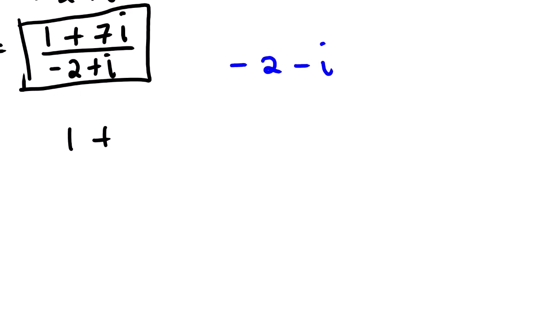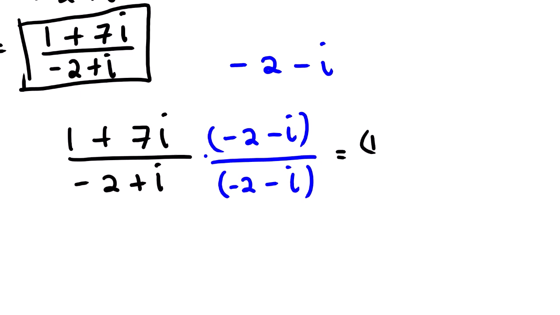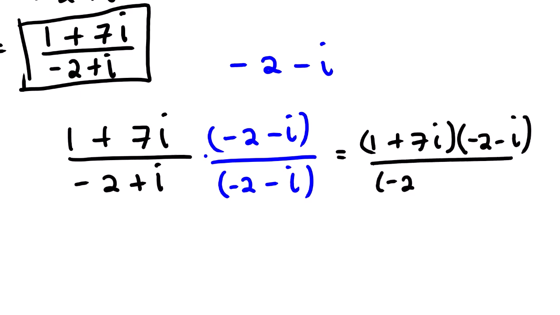Then we can go ahead and multiply this by the conjugate. This is equal to 1 plus 7i times negative 2 minus i, all over negative 2 plus i times negative 2 minus i.